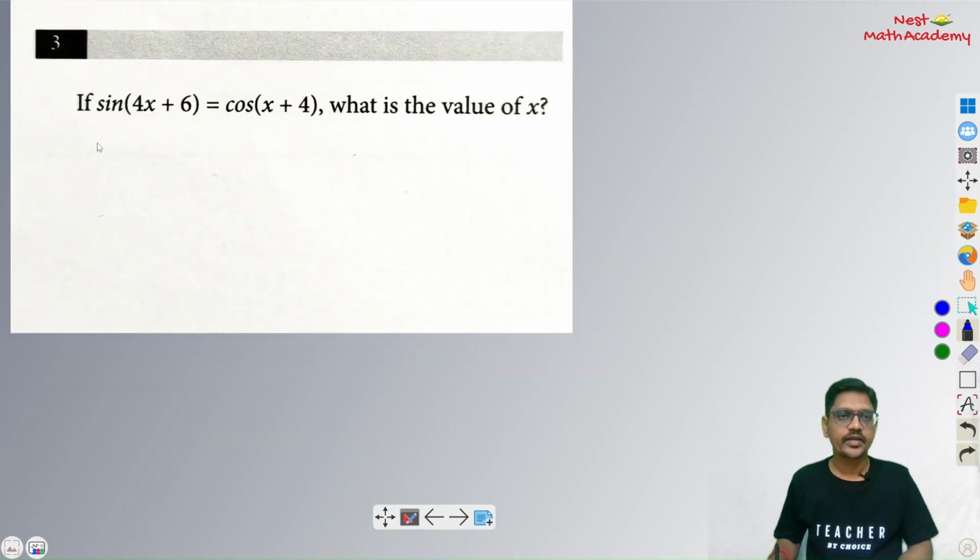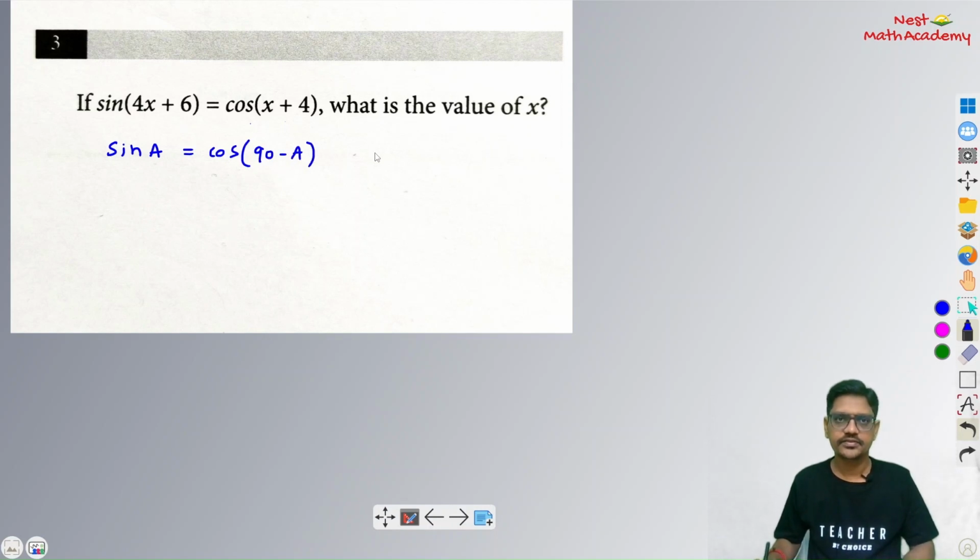Question number 3. If sine of 4x plus 6 is equal to cosine of x plus 4, what is the value of x? Here, we have to use a trigonometric identity which says that sine of any angle is equal to cosine of 90 minus that angle.